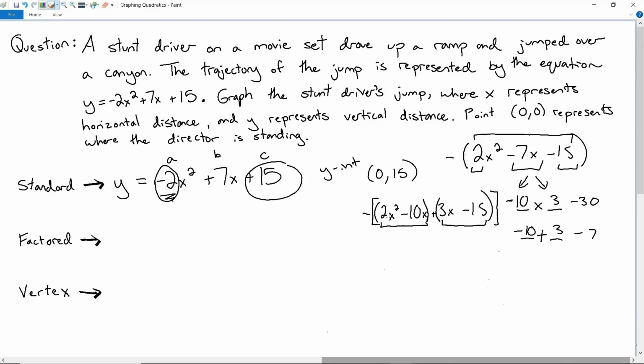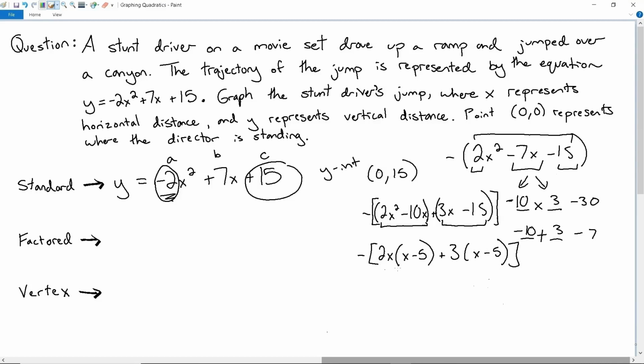So my first step is thinking, what can I factor out of 2x² - 10x? And that would be a 2x. And I'm left with x - 5. Second step, looking at 3x - 15, all I can take out there is a 3.